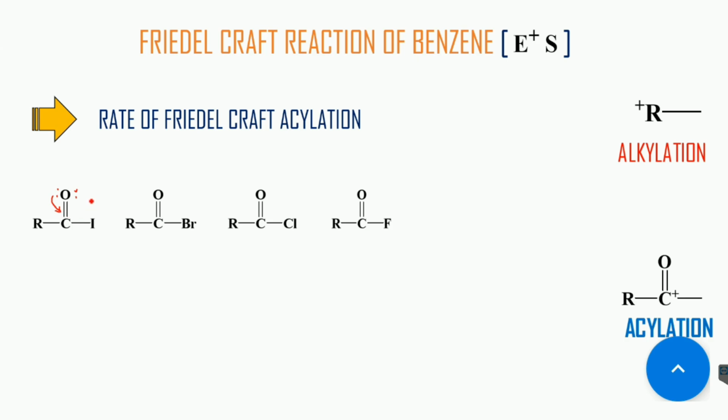So this oxygen tries to donate its lone pair to this carbon atom and fulfill its electron deficiency, because it has become an electrophile. So this lone pair will be donated to this carbon atom and fulfill its electron deficiency.